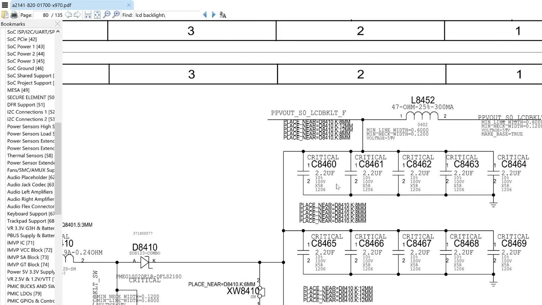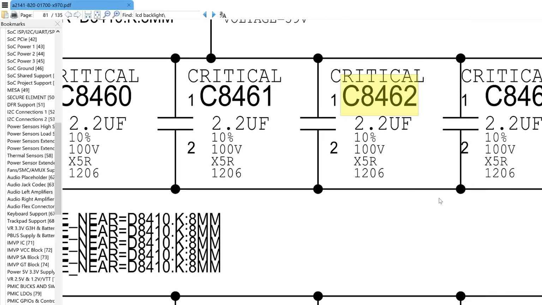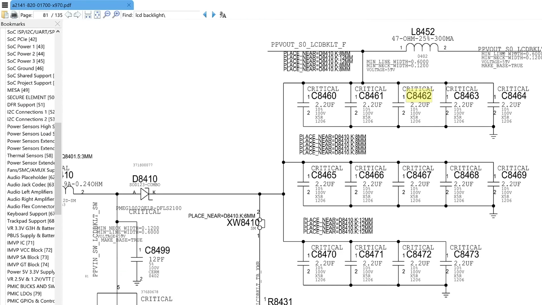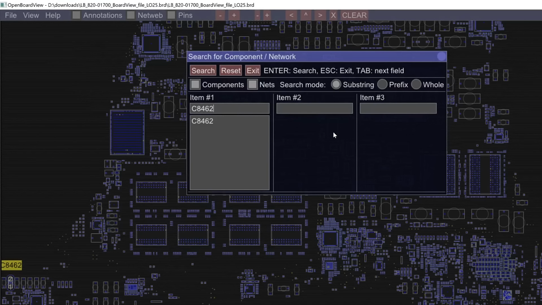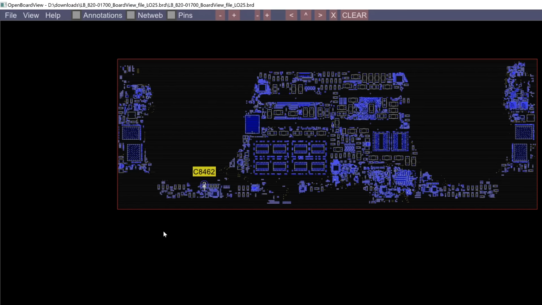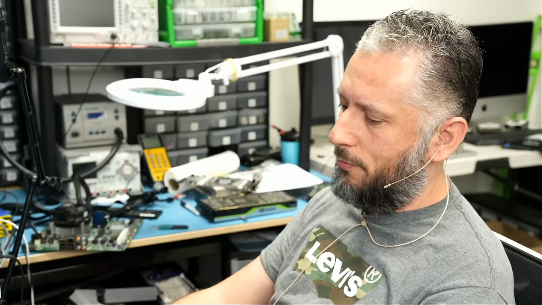So right now let's search for any one of those capacitors. Let's say C8462. We can search for that one, and those caps are size 1206, 2.2 microfarads. We're going to open up our board view diagram, and we're going to search for C8462. Now if you look at this board diagram and you look at the way I have my laptop oriented on the board, it's different.